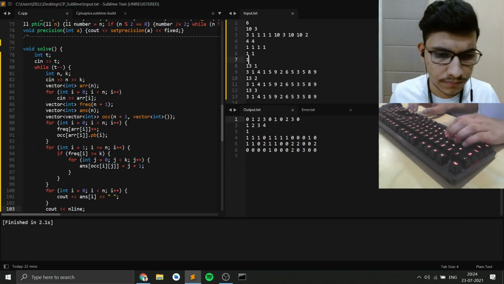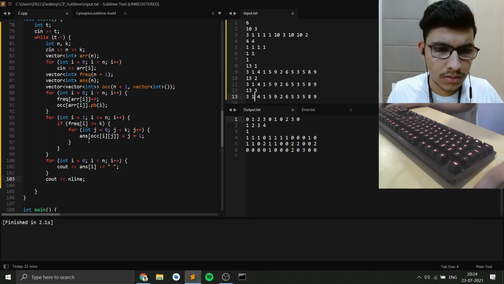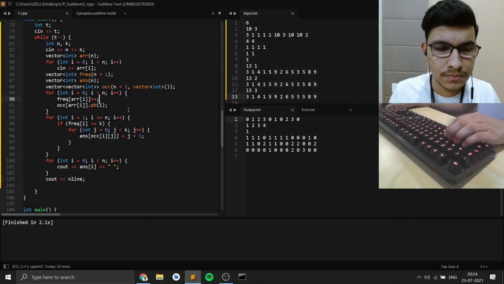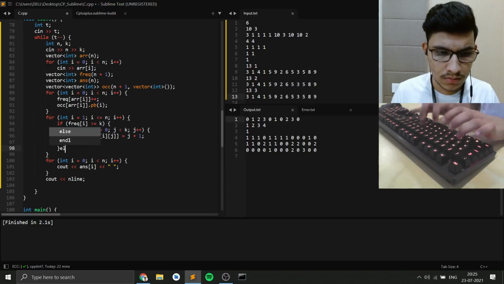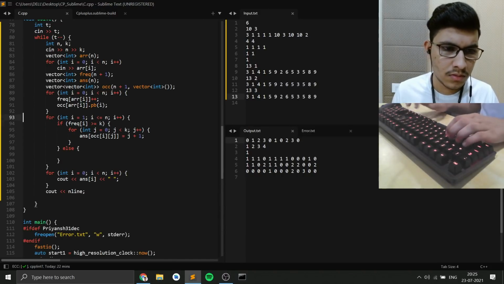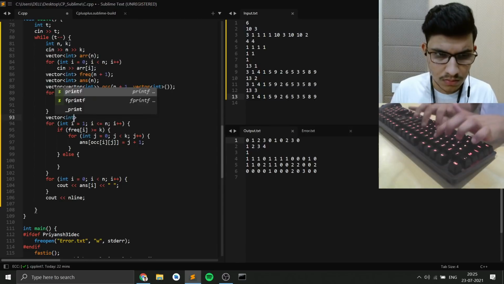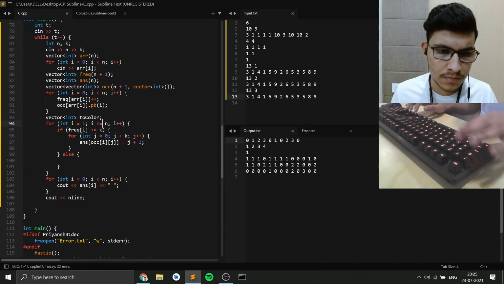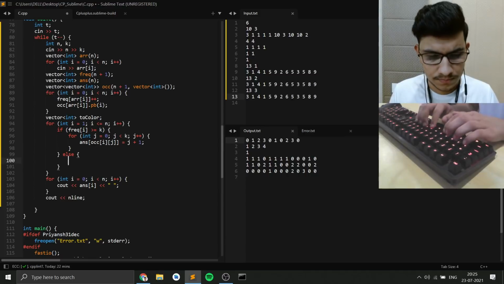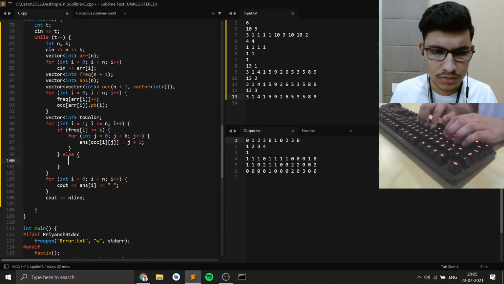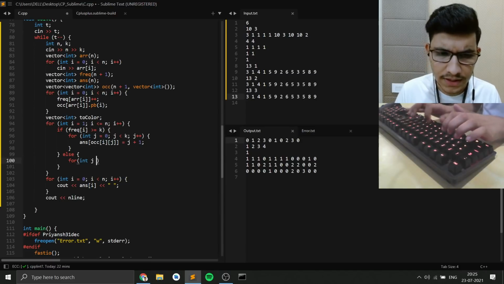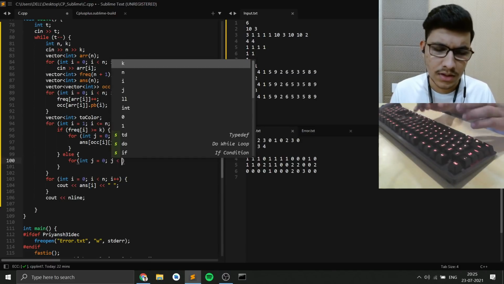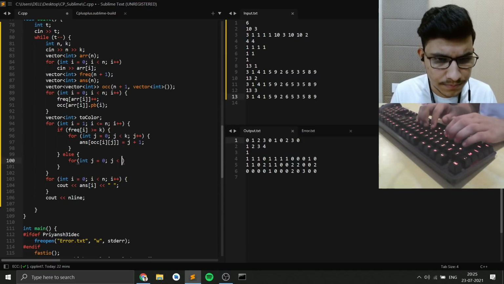Okay. So here I'll be just putting them inside a vector where I can just mark them, that I will be coloring them.